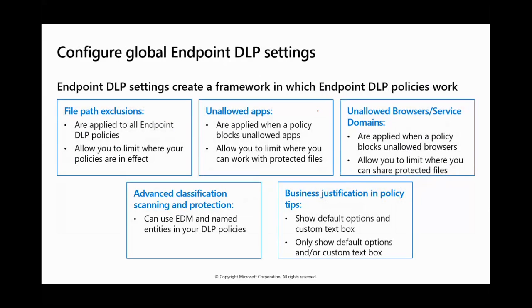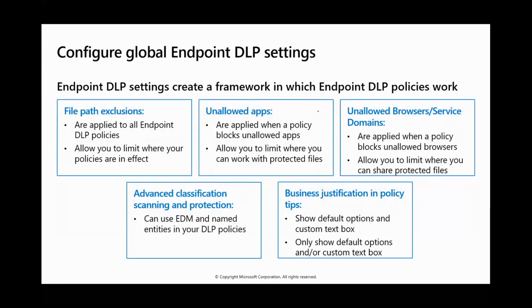So previously we mentioned that we're going to configure the policies, we are going to onboard the devices, but we can also manage global configuration for these endpoint data loss prevention policies. These endpoint DLP settings create a framework in which endpoint DLP policies work.